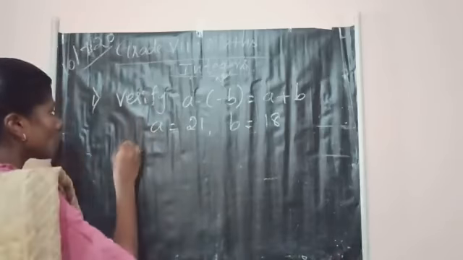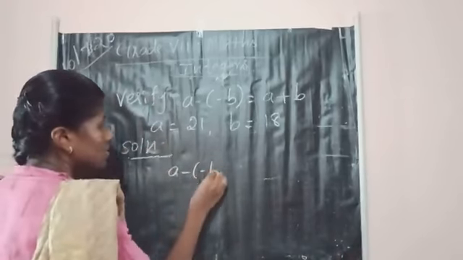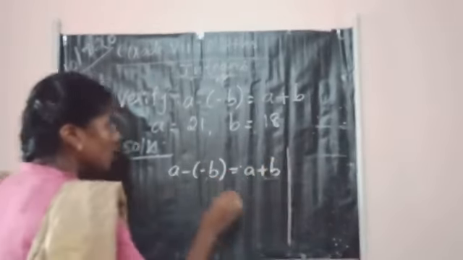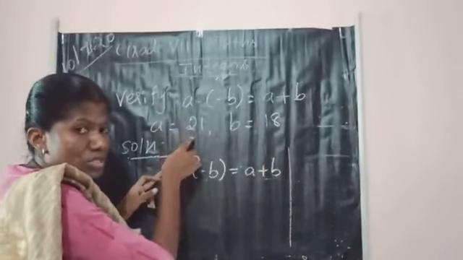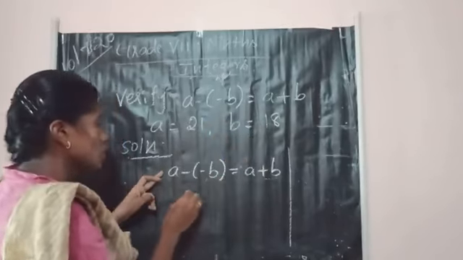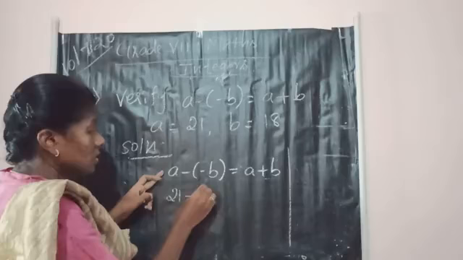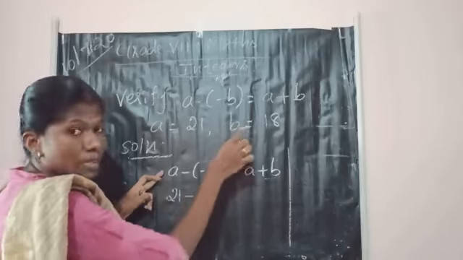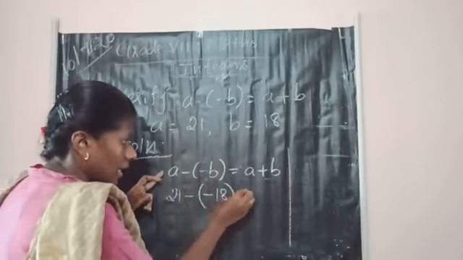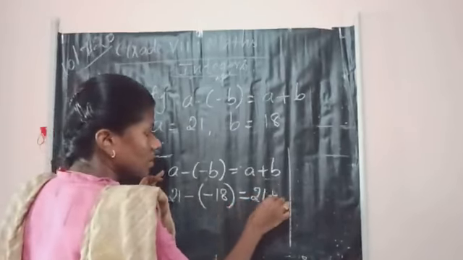So the solution for this: a minus of minus b is equivalent to a plus b. Now instead of a, I am going to substitute 21, and instead of b, I am going to substitute 18. So a is 21, minus of minus b, where b is 18.